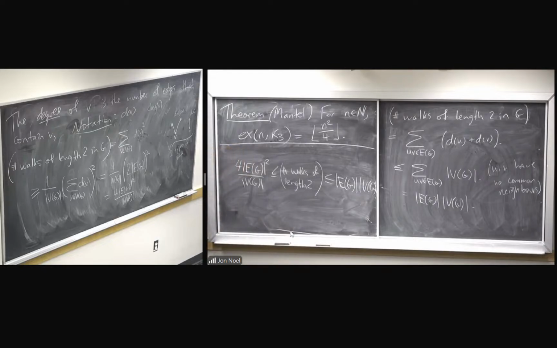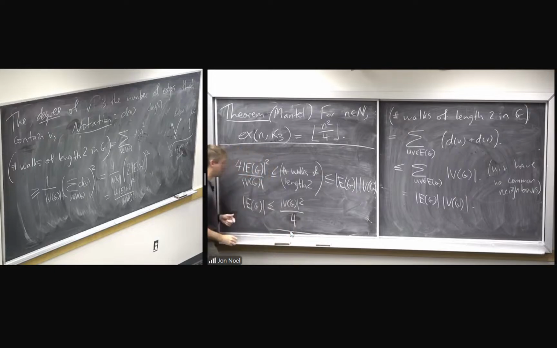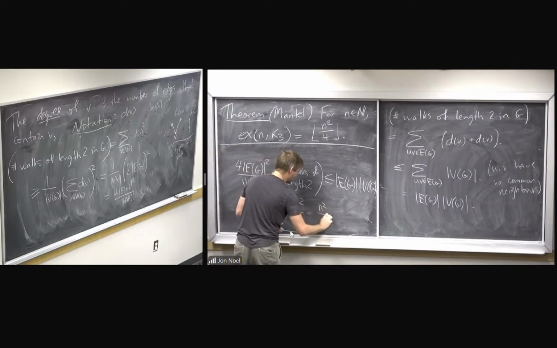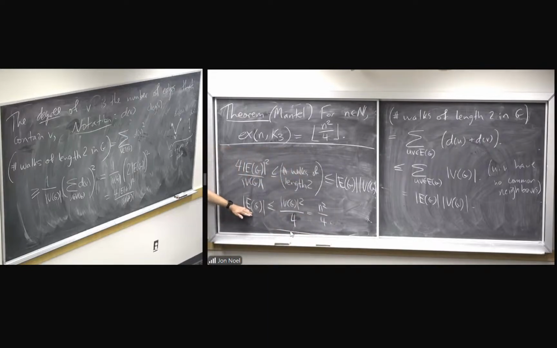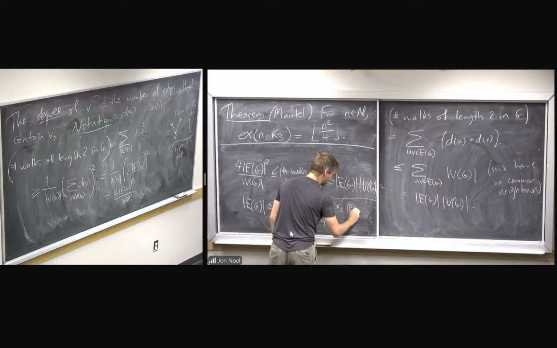And now I just solve this for the number of edges. And I get this, which, if G has n vertices, is n squared over 4. And of course, the number of edges is an integer. So if it's at most n squared over 4, then it's at most the floor of n squared over 4. Because it's an integer, it's got to be at most the floor.